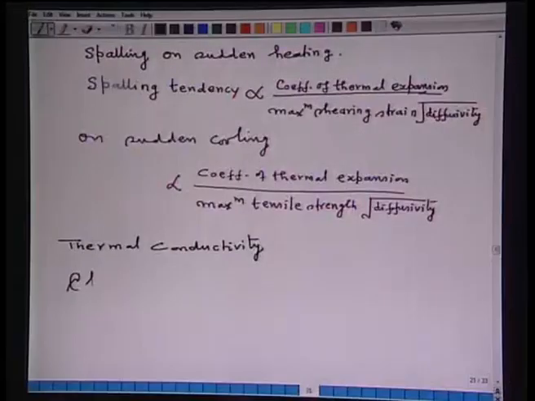Another important property is the chemical composition. The phases should not react with the refractory. As I have said in the beginning, the reactor handles phases like molten metal, molten slag and gases in the iron and steel industry.